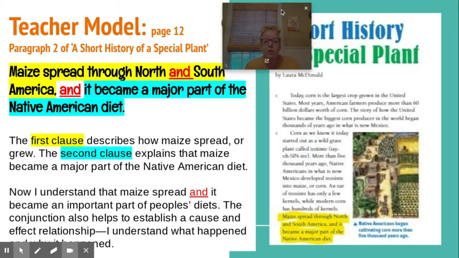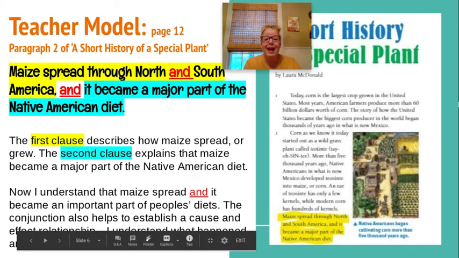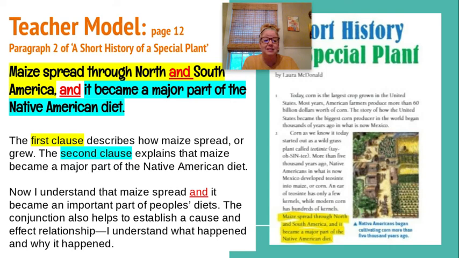So now, just from that one sentence, I understand that maize spread and it became an important part of people's diets. The conjunction also helps to establish a cause and effect relationship. I understand what happened and I understand why it happened. So maize became a major part of the Native American diet because it spread through North and South America.